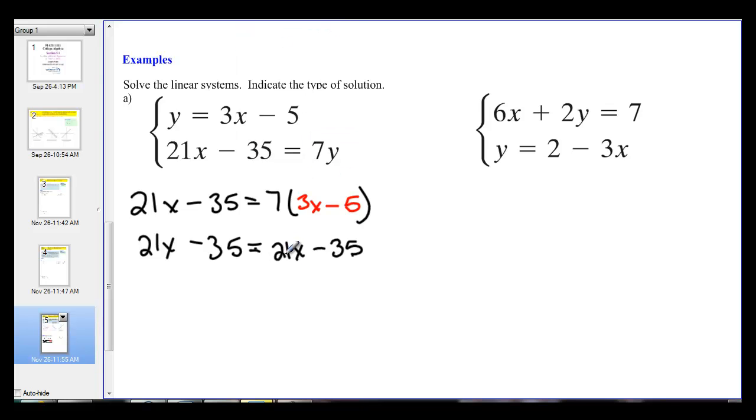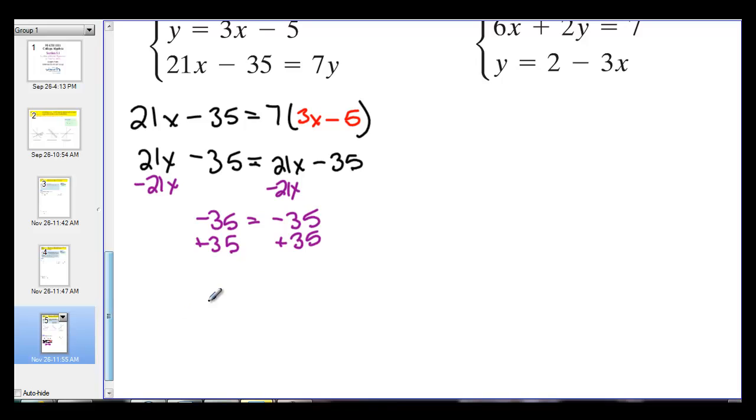You may notice at this point that we have the exact same thing on both sides, but just in case you don't, we can move that 21x over, and we're going to get negative 35 equals negative 35. This is always true. If it doesn't occur to you that we have something that's always true, and you go ahead and move the 35, that's fine also. So plus 35 on both sides. And we end up with 0 equals 0.